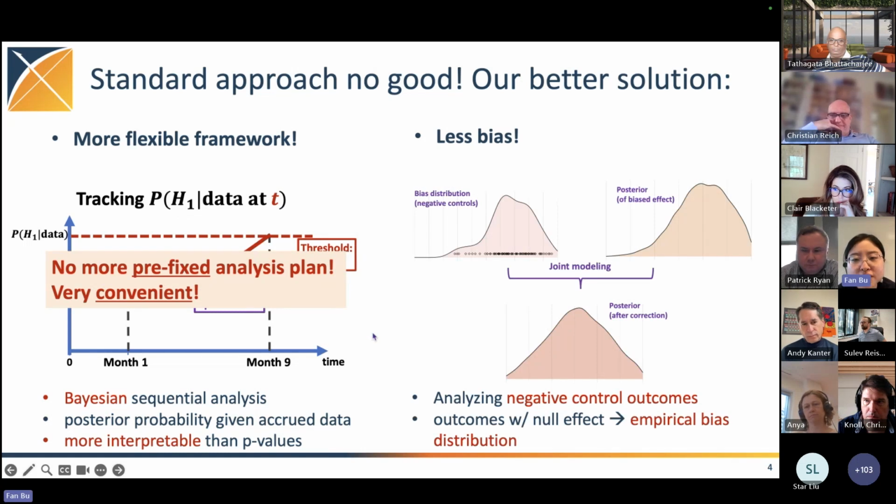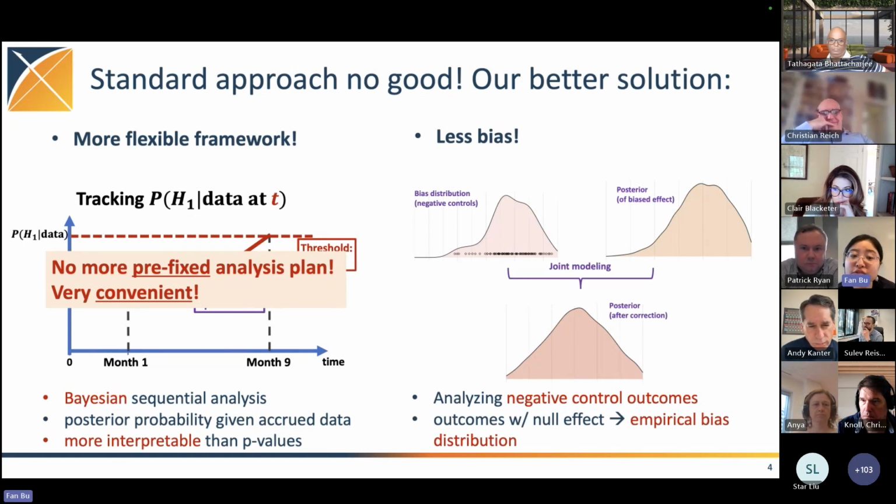And to address bias, we use a very commonly used tool for OHDSI network studies: negative controls. By definition, a negative control outcome is an outcome that we know is not associated with the exposure of interest. By analyzing a large set of negative control outcomes, what we can get is an empirical estimation of the distribution of the bias in our analysis framework and in our data source.